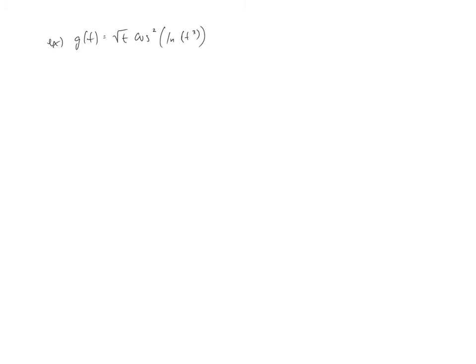So when I look at this, I see this as my first and this as my second, and we know that the derivative using a product rule would be the derivative of the first times the second plus derivative of the second times the first. So our g prime of t.